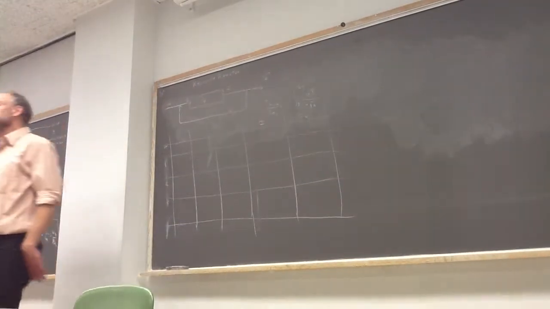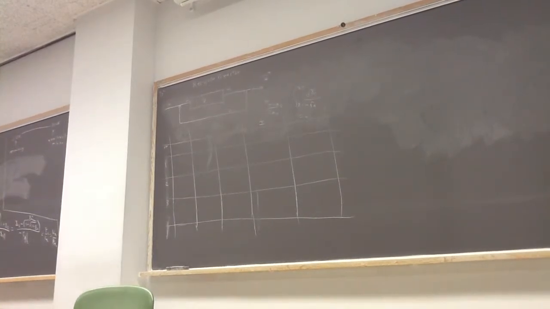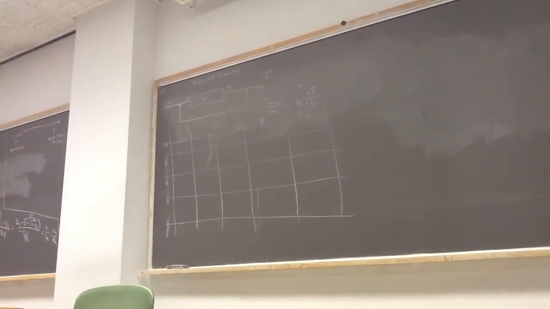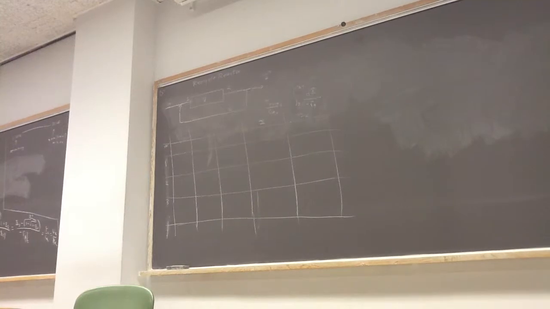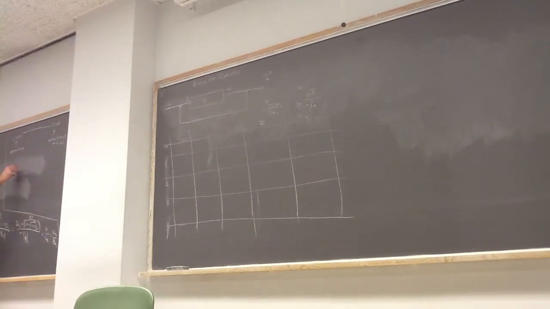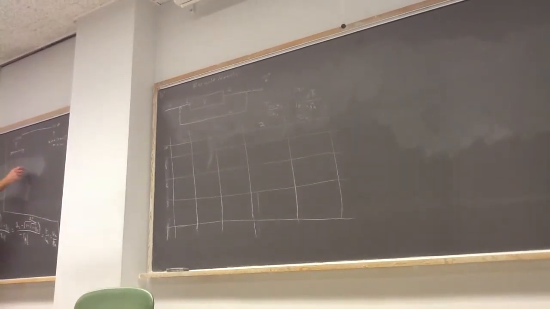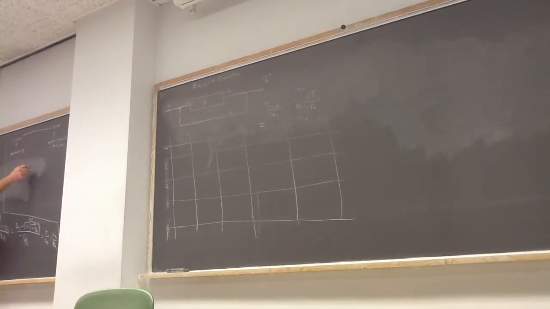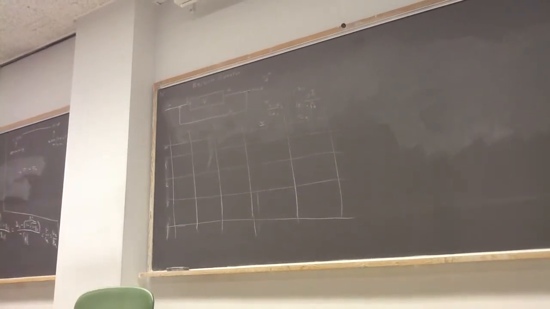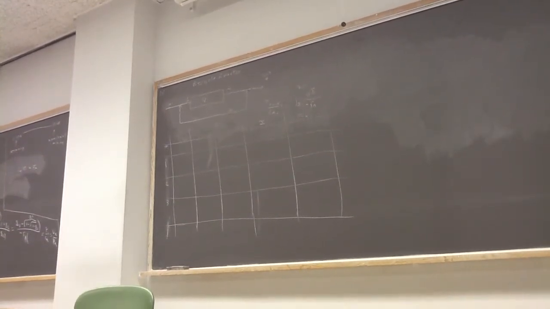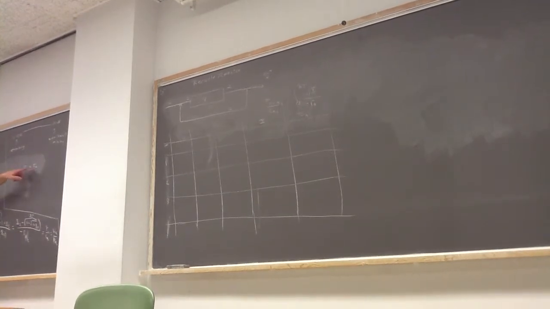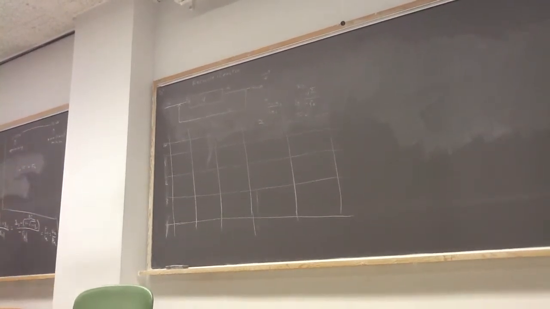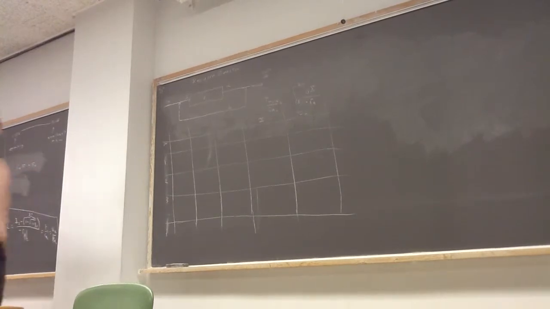To get the concentrations, if you remember, CA V is equal to FA. So CA is related to FA and V. So I'm going to need to know V and FA to get CA.